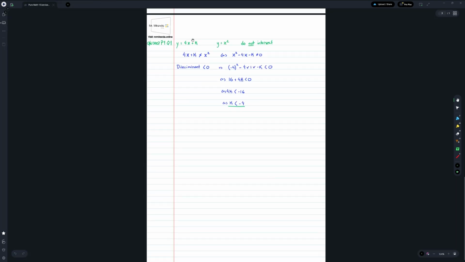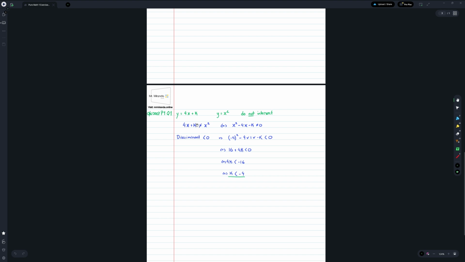I don't want them to be touching each other, so instead of equal, I put different from. Here you have the expression that would allow you to calculate any point of intersection. I don't want them to touch, so, as we already talked about in a previous lesson, the discriminant of this quadratic needs to be smaller than 0.